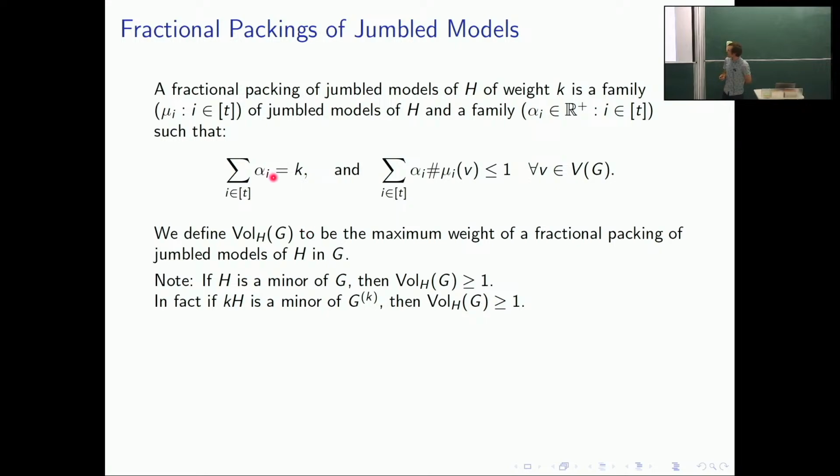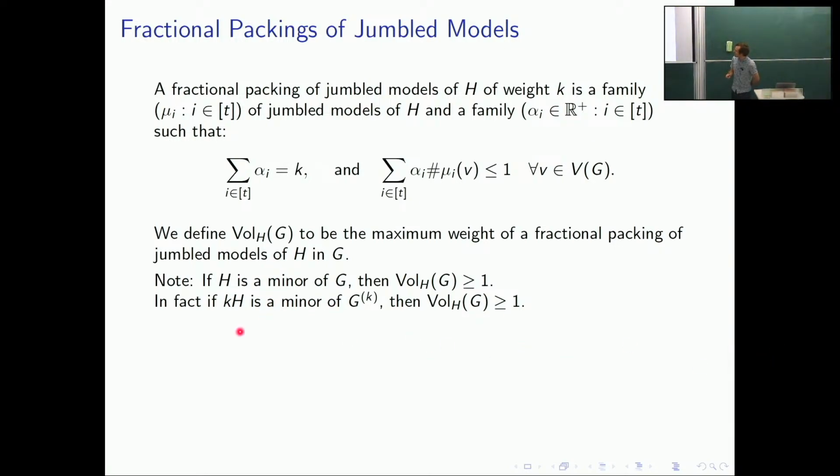But similarly, if K times H is a minor of the Kth blow-up of G, then the H volume of G will also be at least 1. This is not as immediate to see, but basically it's the same idea. Sorry, it goes in the other direction.